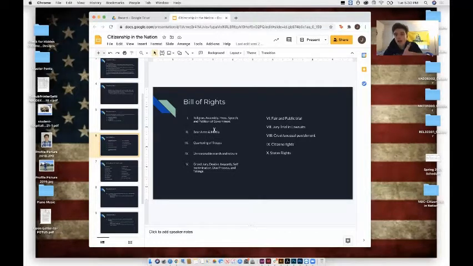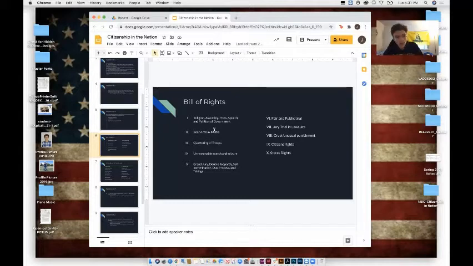A lot of that comes from the Magna Carta, which was England's own kind of Bill of Rights, or a predecessor to that. It didn't give that much power to the people, but it was a start. Our founding fathers saw that as a good influence and wanted to continue that.